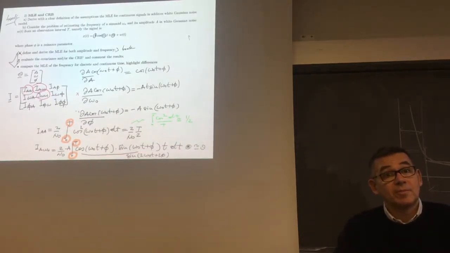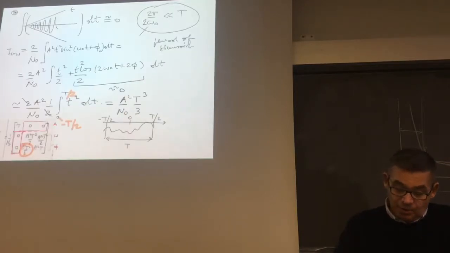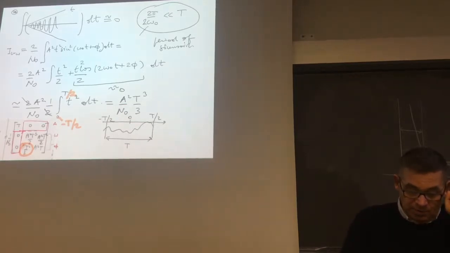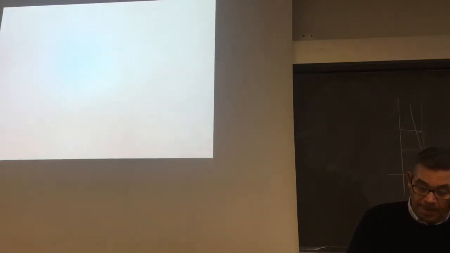Tell me. I didn't understand the last part you said about you cannot do this procedure for the phase. Oh, because, what is the phase? The phase of a sinusoid is the value. Let's look at the model.